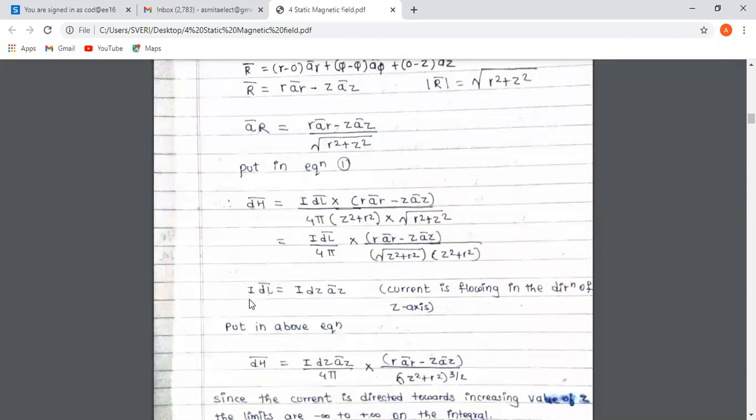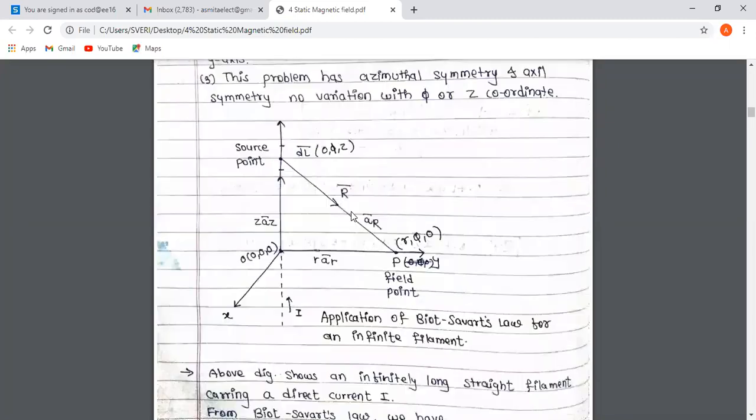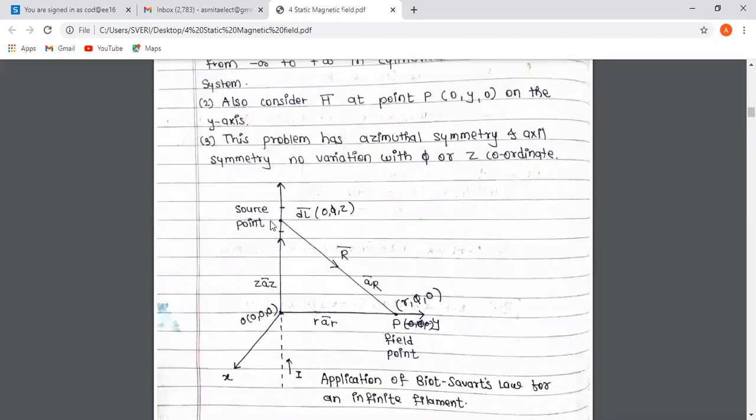we have to write the equation for this I dl bar. Now how to write this I dl bar? I is a scalar quantity which remains as it is. Now dl bar is a vector and we are writing it in terms of its magnitude into a unit vector. Now this dl bar, you can see, is placed on the z-axis, so its magnitude will be dz.